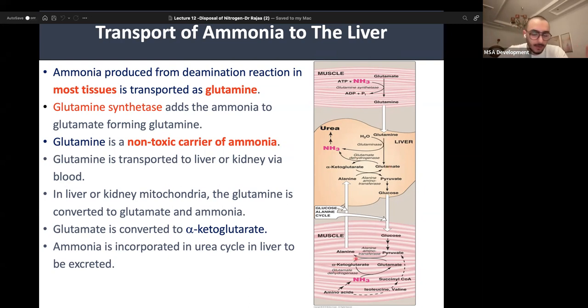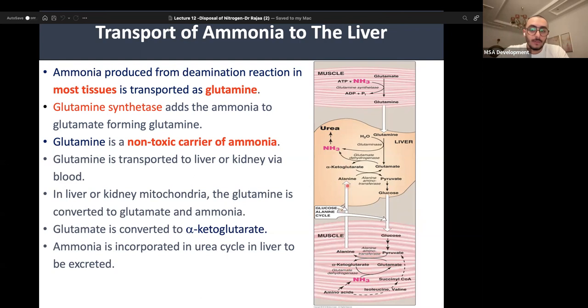Go to alanine. How is alanine formed? Again, through aminotransferases. We have pyruvate and glutamate, which, through aminotransferase, or ALT in this case, will give us an alpha-ketoglutarate and an alanine.